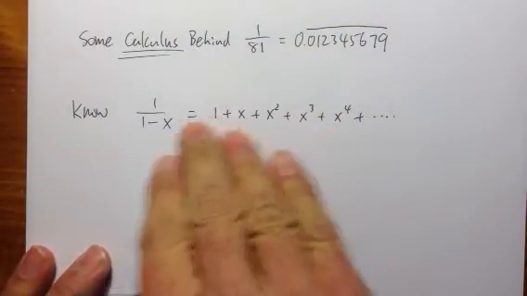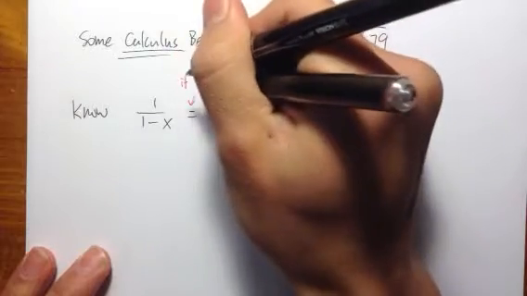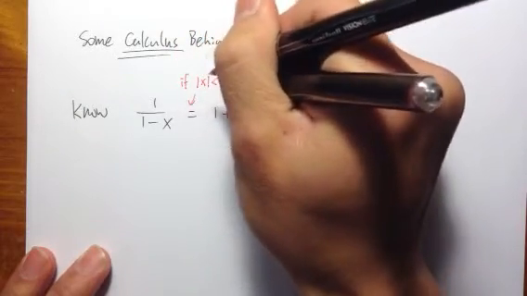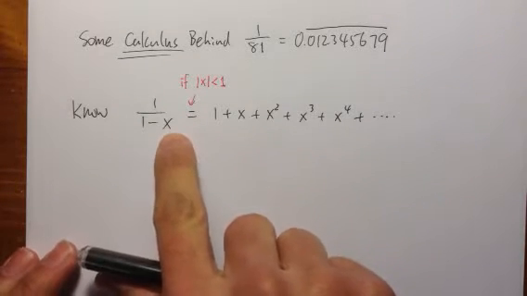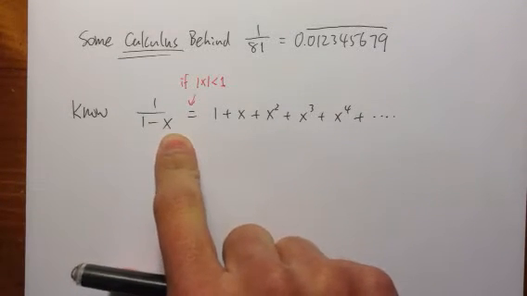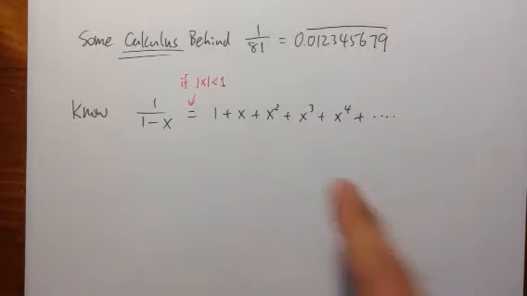This series is equal to that if the absolute value of x is less than 1. So as long as you're plugging in a number that is less than 1 and greater than negative 1, this is true.